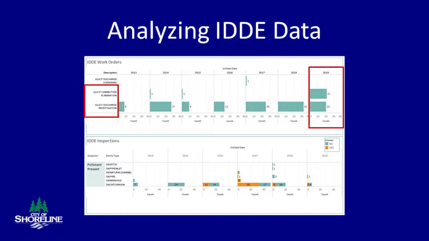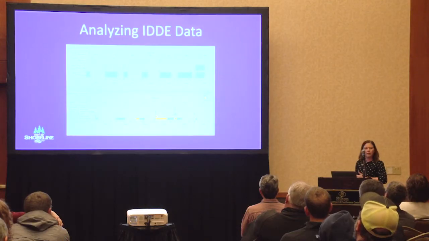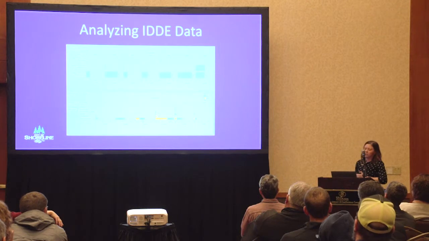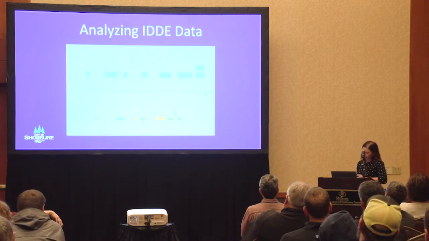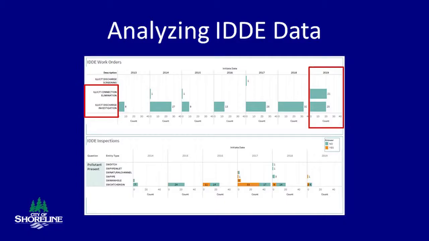This year, I decided to start using our illicit connection elimination work order to distinguish between the two types of investigations that we're doing. Although it's not necessarily always going to be an illicit connection elimination, it's more of an illicit connection investigation, I wanted to be able to distinguish between those two so we can better look at our data in the coming years.